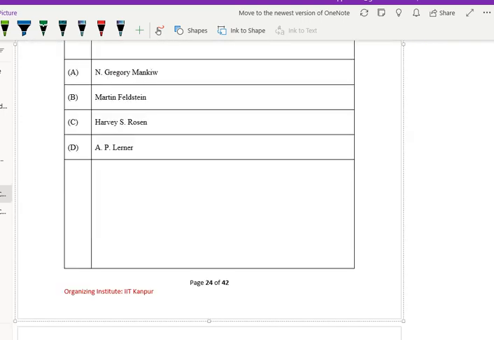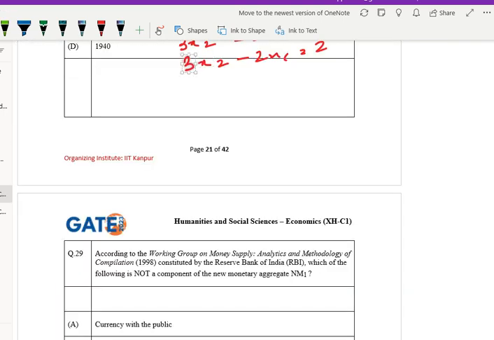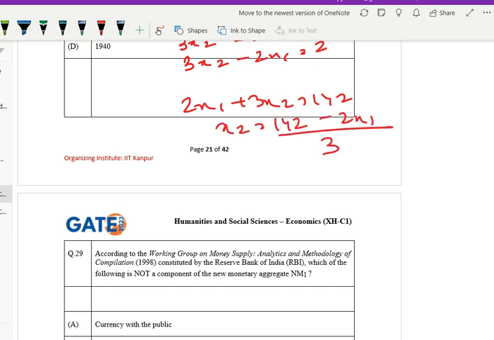And from the budget constraint, what we have? From the budget constraint, we had 2x1 plus 3x2 equals 142. If I solve for x2, I will get 142 minus 2x1 by 3, right? If I substitute equation 2 into equation 1, I will get the value of x1, that is 35.